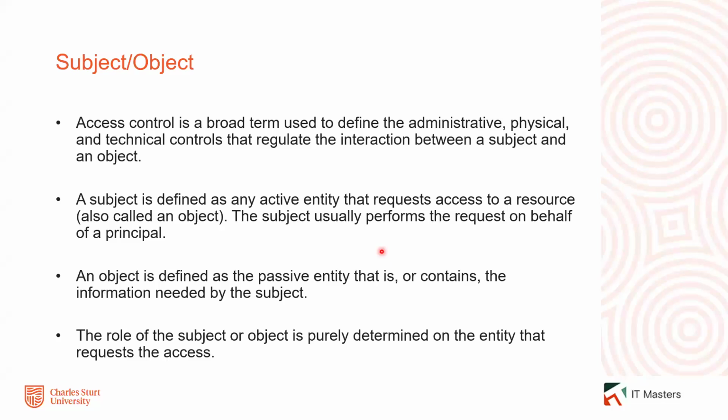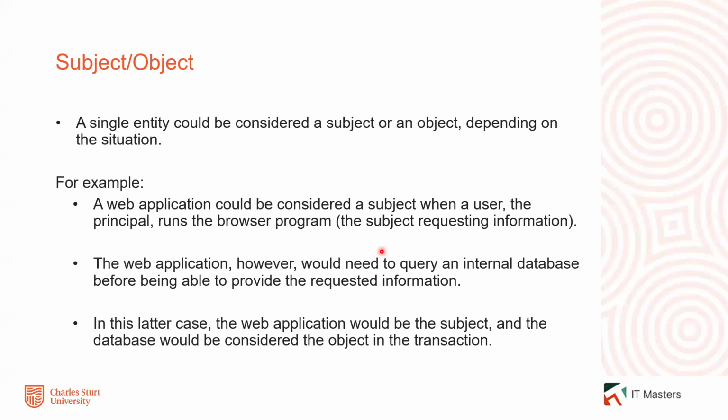A user can also be one or the other. You might have another user or a server, for example, requesting some information from a user, in which case the object and subject roles would be flipped. A single entity can be considered a subject or an object, as we just said.